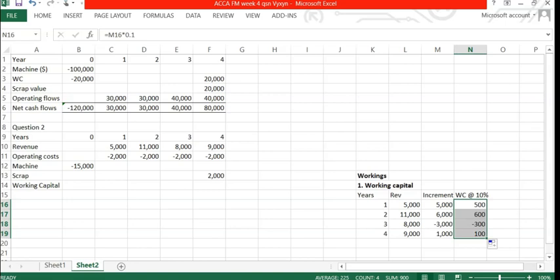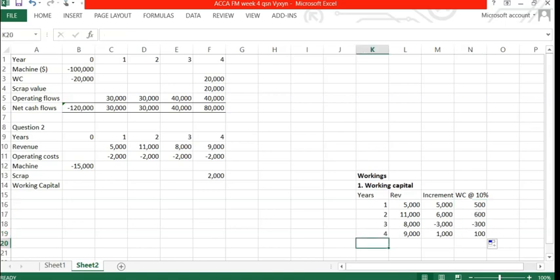So you can see that this is what we are going to do. But we know that by the end of the day the working capital is going to be recovered.